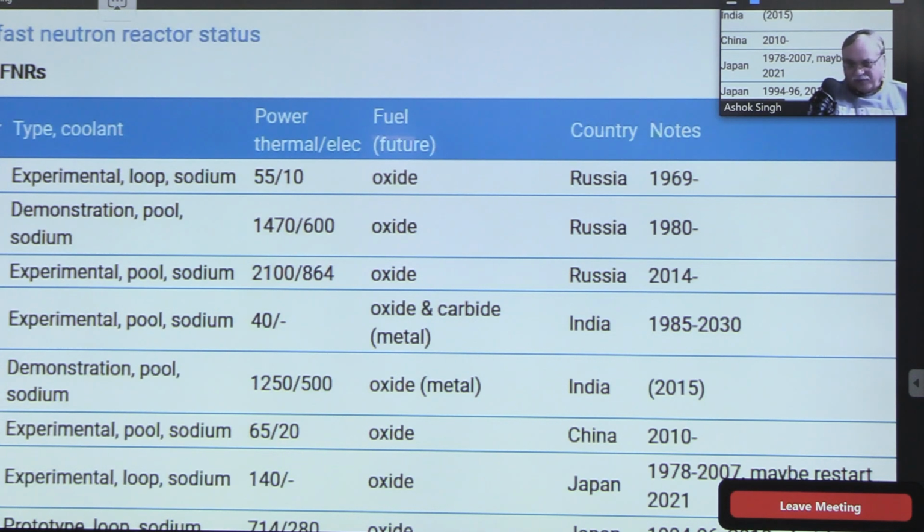Don't make a note of all the technical issues here, but just note that experiments have taken place in Russia, China, Japan, France, etc., apart from India. India has the fast breeder test reactor, and now this prototype fast breeder reactor under construction.